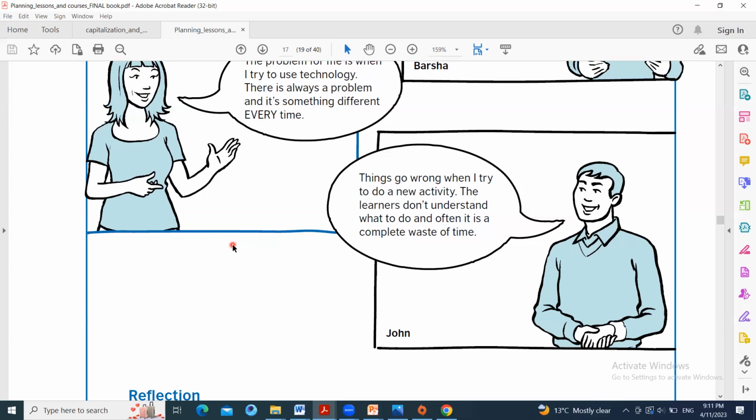For teacher Barsha, I can suggest some advice, okay? Have a checklist of things to think about.